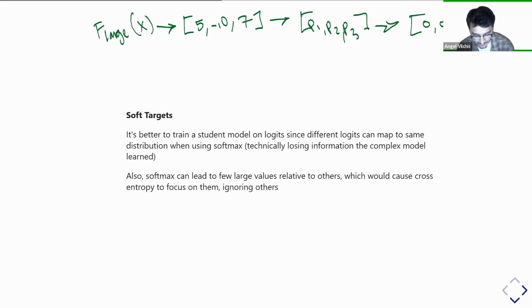Now, how would we do soft targets? Soft targets is the idea of using the logits here instead of using these. So instead, we would try to have the small model mimic the raw scores, the logits of the large model, rather than training the small model on the pseudo labeled data.